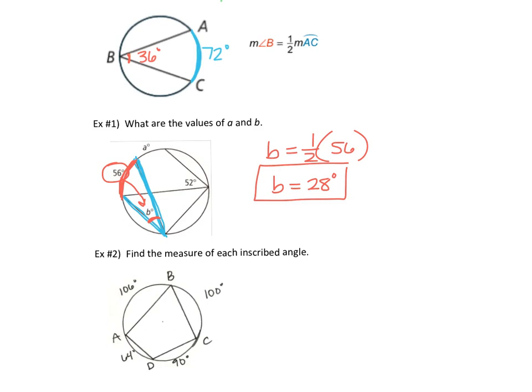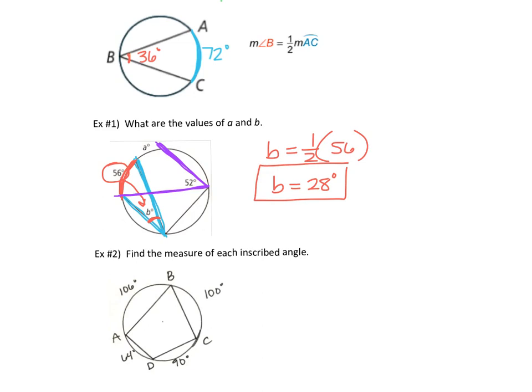Then let's look at A, because A takes a little bit more work in solving, I would say. If you look here, we have this angle, and that's 52 degrees. A is part of the intercepted arc for that, but it's not the whole thing.